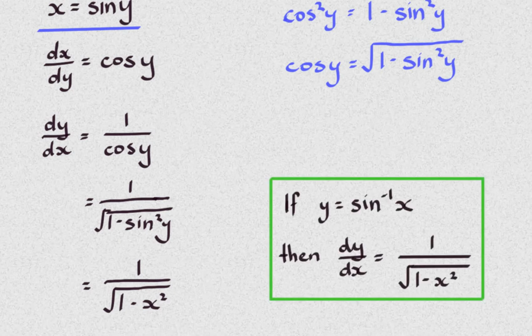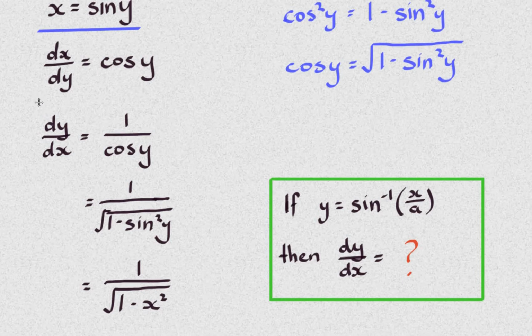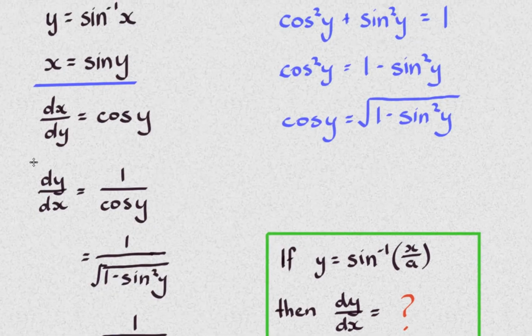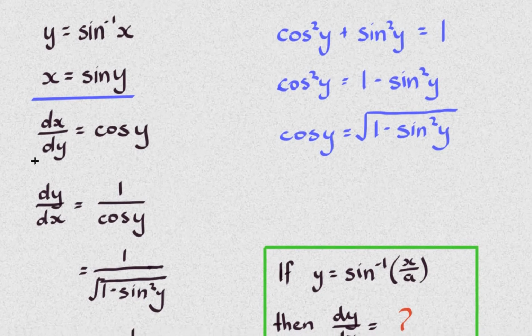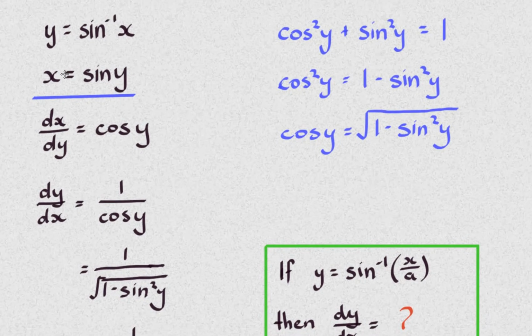Now that's great, but what if we have a slightly more generalized version? y equals inverse sine of x on a, where a is some constant value. What does our derivative then become? Well, to find out, let's go back and adjust our proof. So instead of starting with inverse sine of x, let's start with inverse sine of x on a.